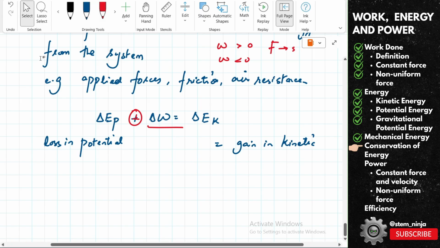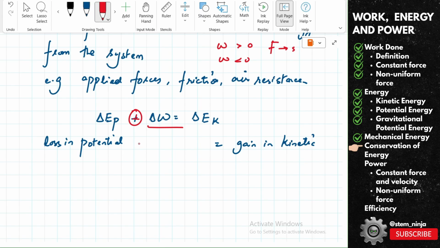Work done against the force. So over here, for example, this could be if the work is done against friction, so you will have a component over here. So for example, work against friction.